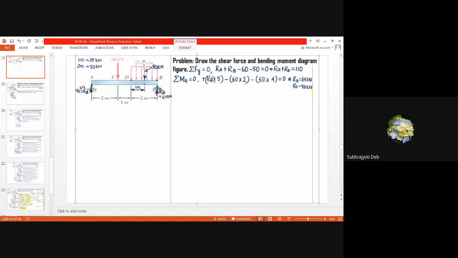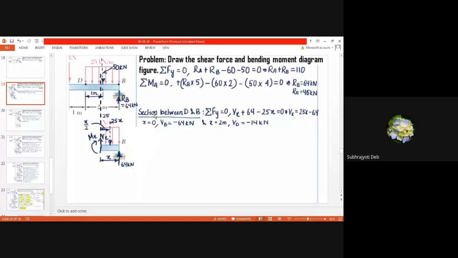So 50 into 4 will be equal to 0. If you simplify this, you will get the value of RB, that is 64 kilonewton. Then you can find the value of RA from the earlier equation. If you put RB equal to 64, RA will be 46 kilonewton.